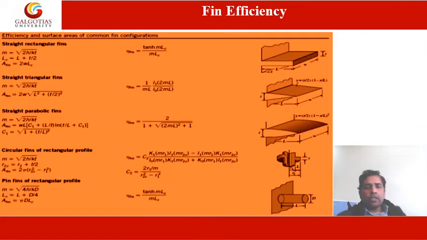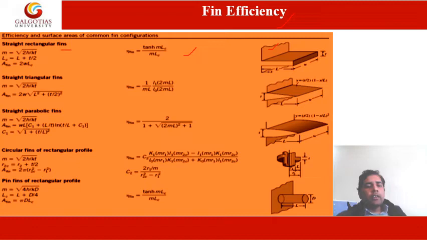Similarly, these are some of the relationships for different kinds of fins, to find their efficiency. If the shape is straight rectangular, then this relationship will hold. This is basically the formula for the adiabatic case, when the tip surface is sealed and there is no heat transfer from the tip surface.